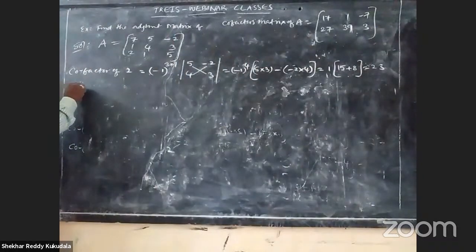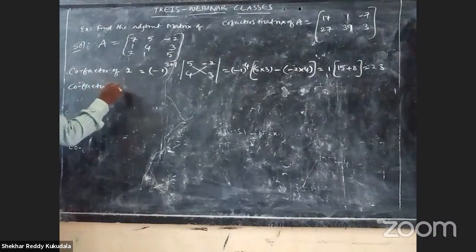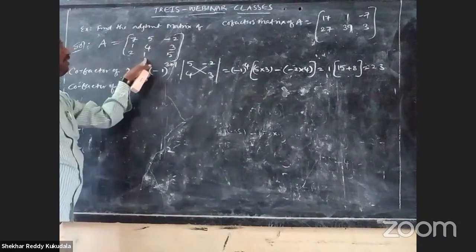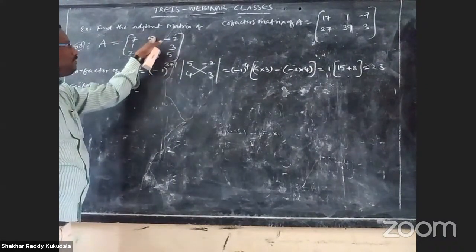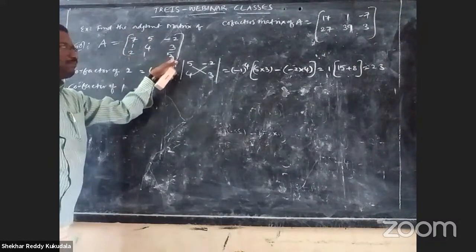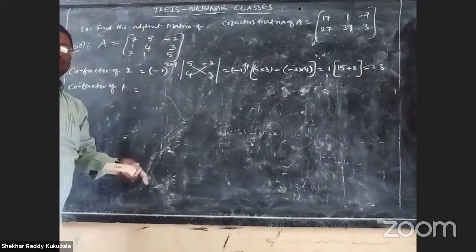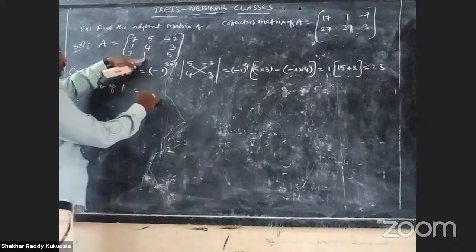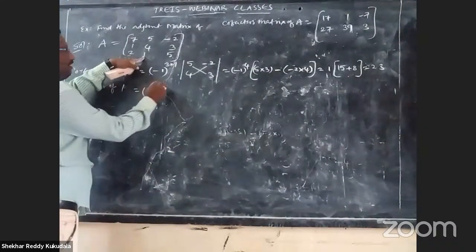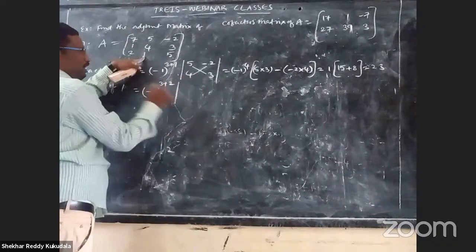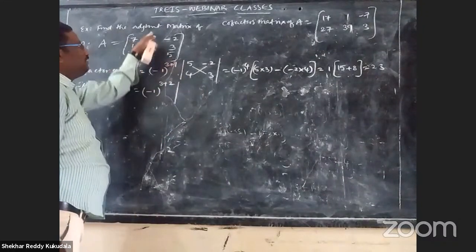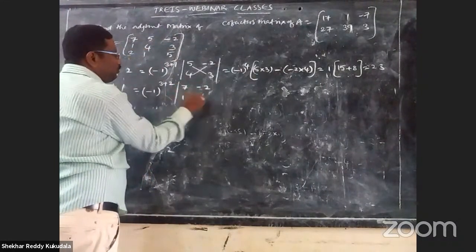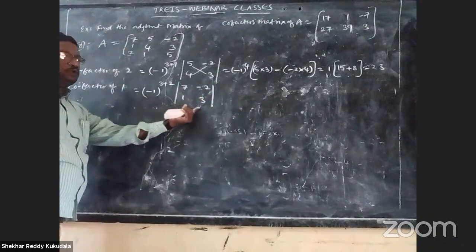Next, cofactor of 1. The cofactor of this one value and this one value need not be the same. Similarly, the cofactor of this 5 and this one need not be the same because they are in different places, so the cofactors will be different. Now the cofactor of this one is equal to minus 1 power... This is in the third row, second column, so deleting this row and this column, 7 minus 2, 1, 3 is the remaining 2 by 2 square matrix.